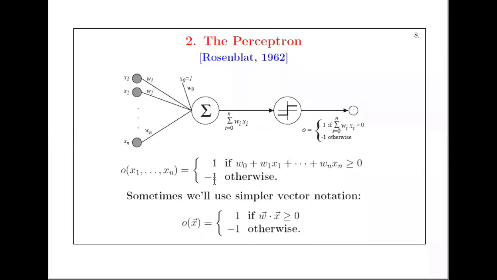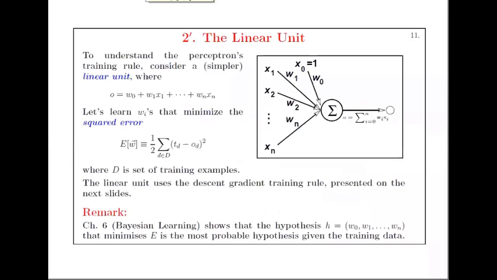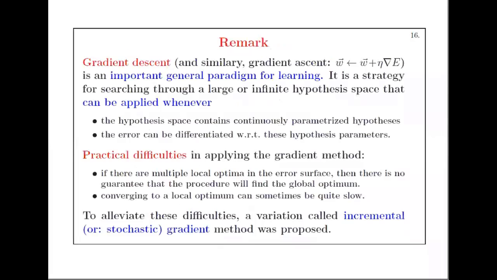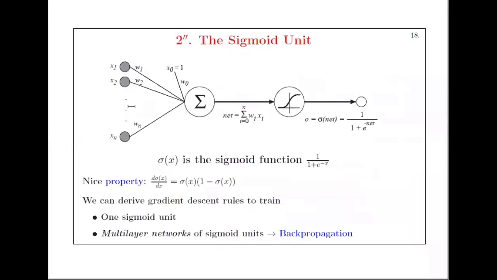If the problem you are addressing is non-linearly separable, then the perceptron unit won't work. In those situations, we'll go to the sigmoid unit. In the sigmoid unit, just observe the diagram.